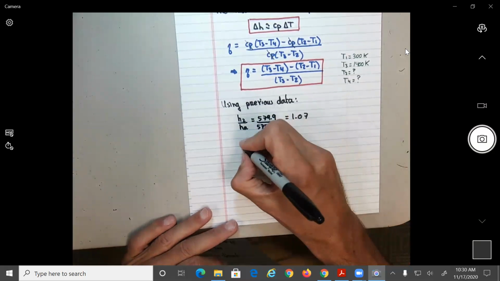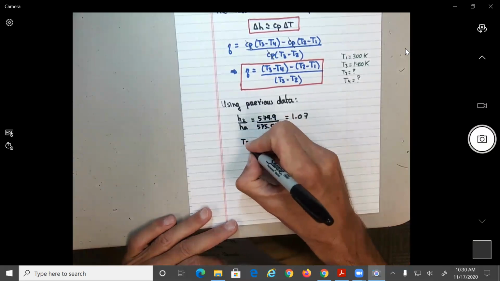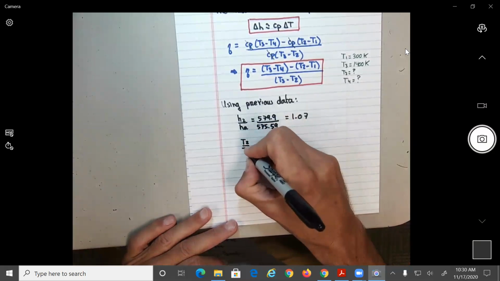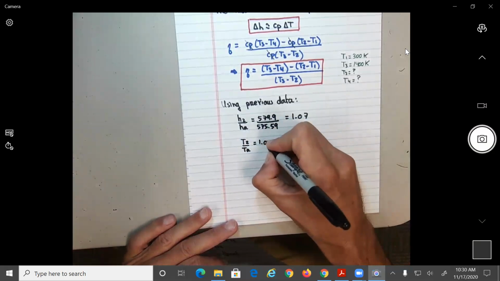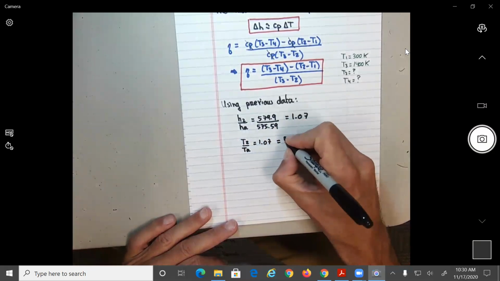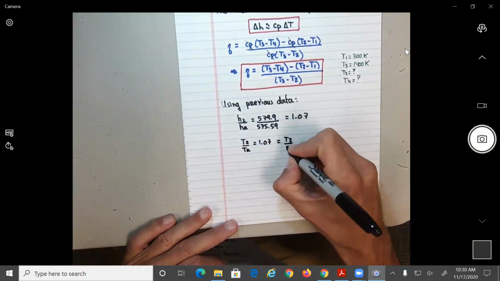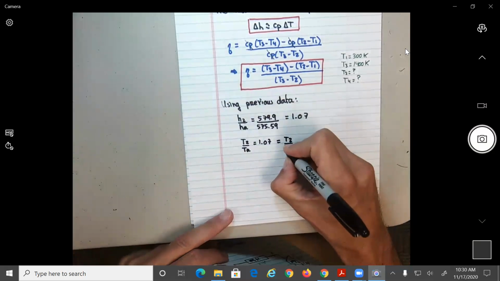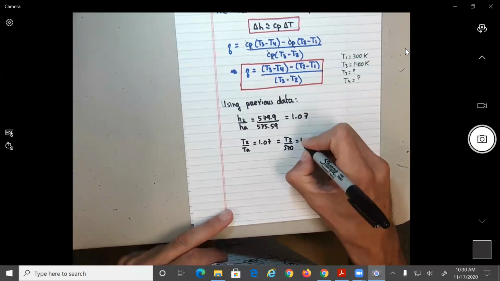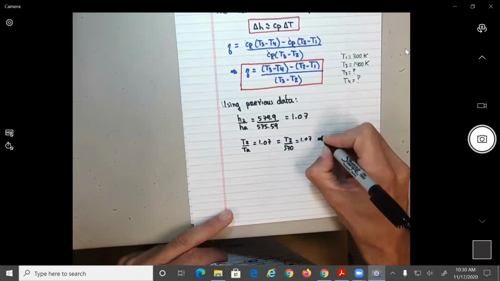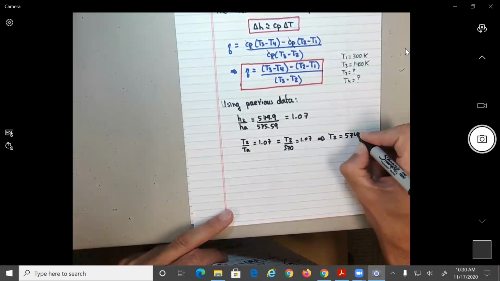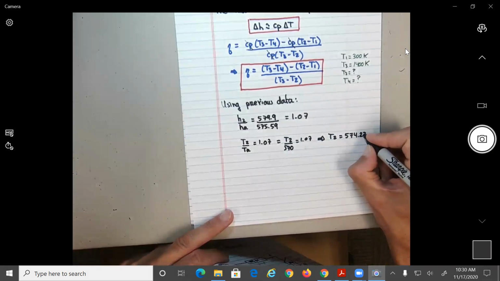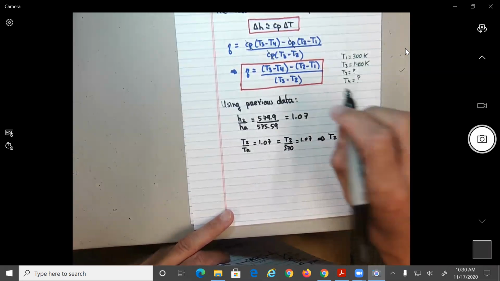So I'm doing the assumption now that T2 over T sub A will also be equal to 1.07. With T sub A equal to 570, this was giving us a value of T2 of 574.27 Kelvin.